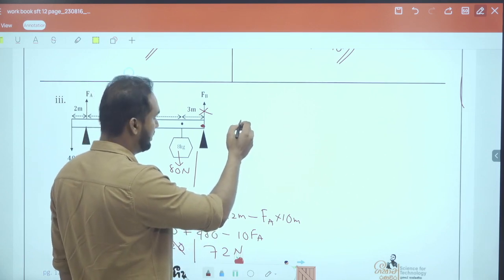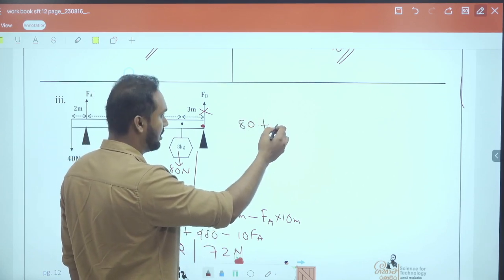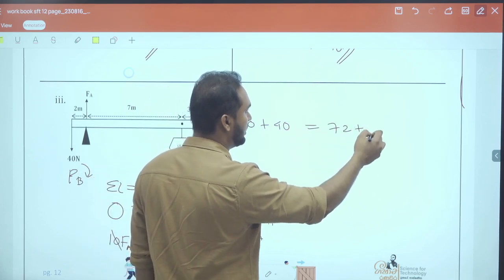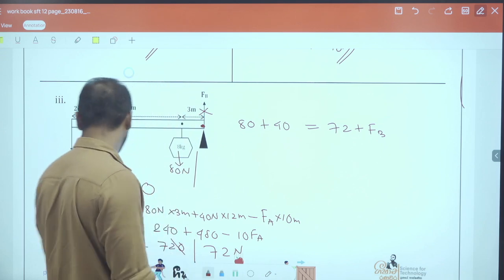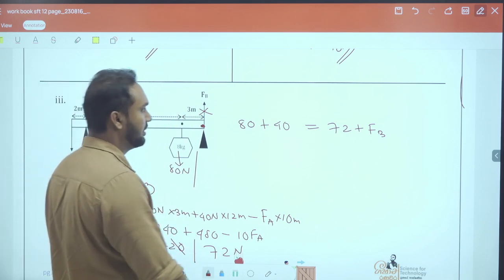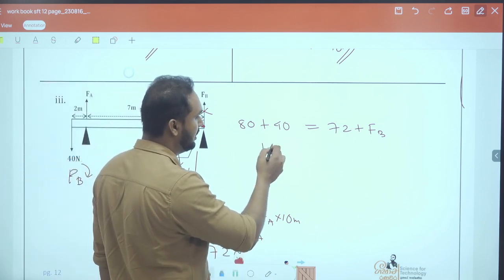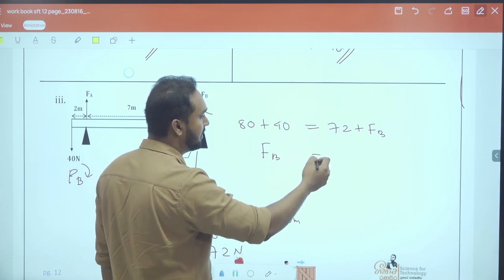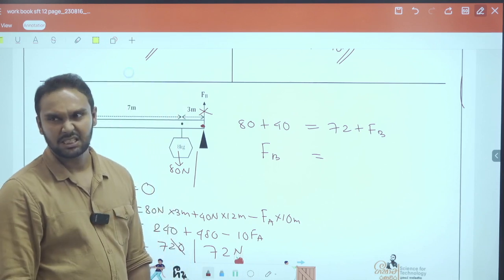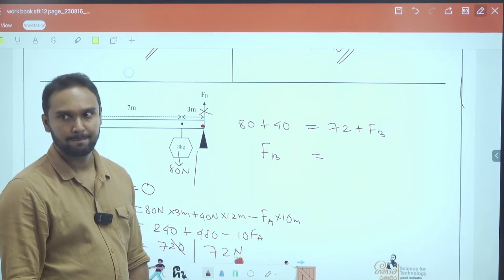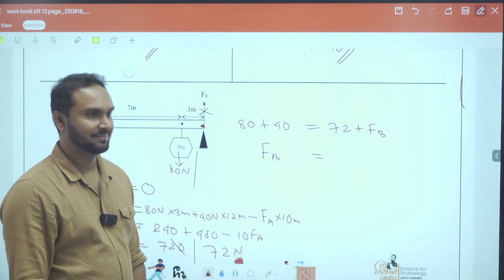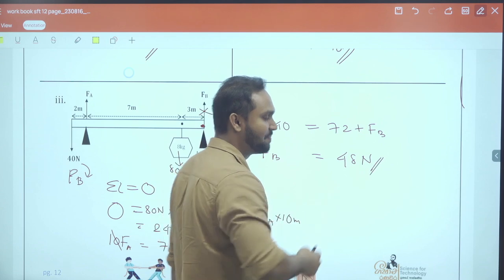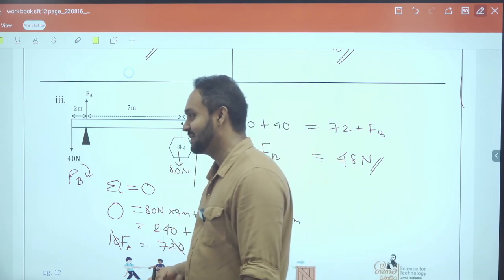So these are the downward forces, they should equal 72 plus FB, right? 72 plus FB. Now tell me the final answer of FB. This is 120, so 72 should be deducted from 120. How much? 48, right? 48 newtons. Yes? 48 newtons.